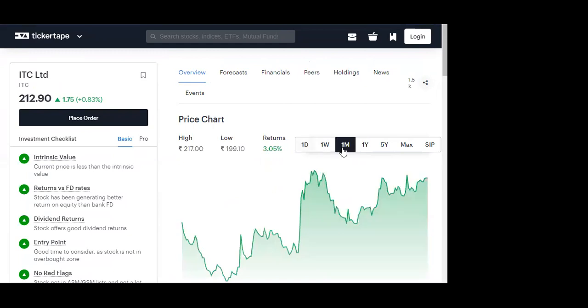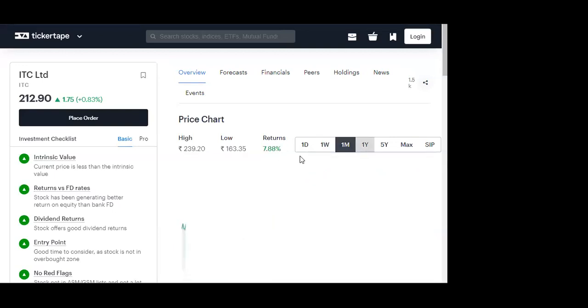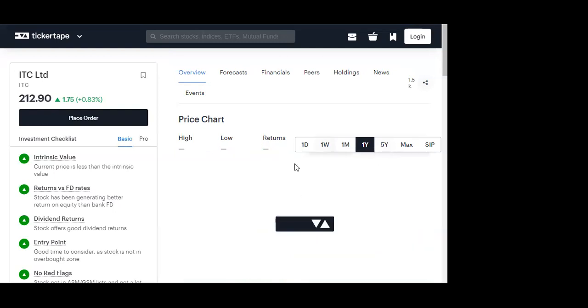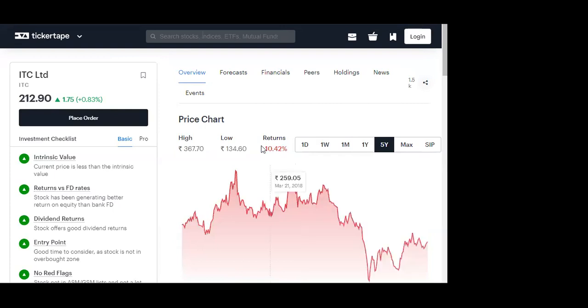So you can see this. In 1 month it is 3%. In 1 year it is 7.8%. It is very less. In 5 years it is what? Tell me. It is minus, a loss.